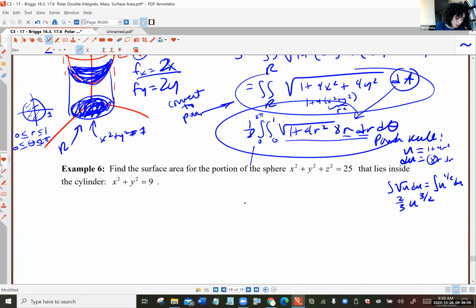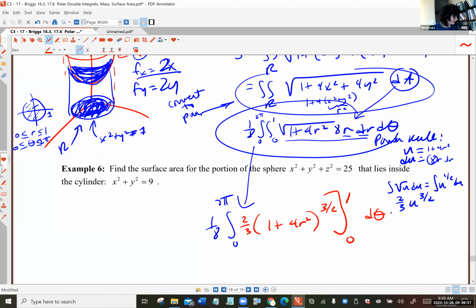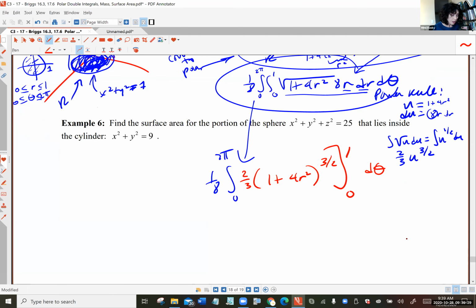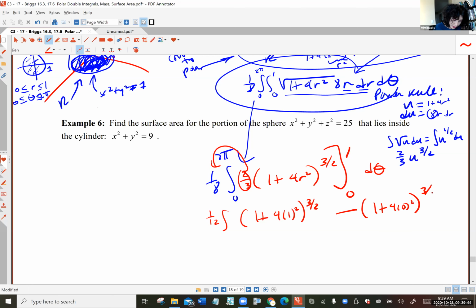It's going to be some weird pure number that may not look too cool, but regardless, this 2/3 I'm just going to pull out and then reduce that, so I'll have 1/12. So here I'll have 1 plus 4 times 1 squared to the 3/2 minus 1 plus 4 times 0 squared to the 3/2. And then this whole thing you will integrate with respect to theta eventually.